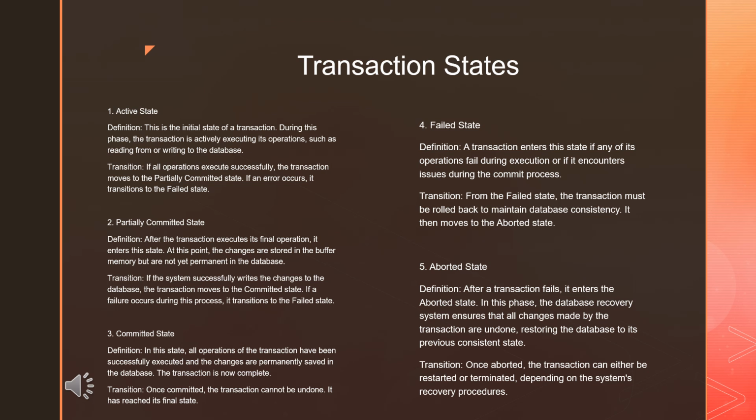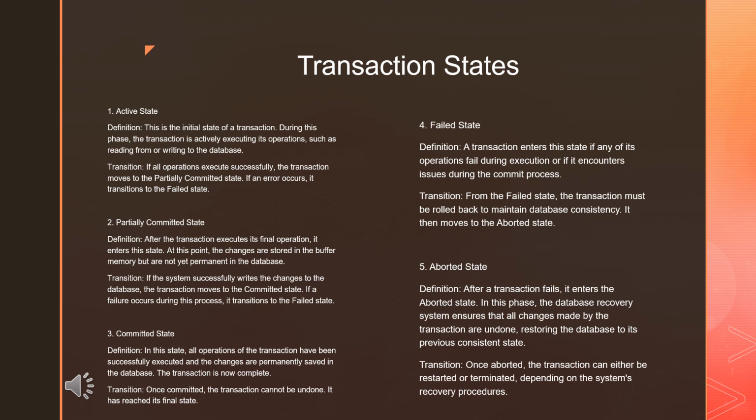Partially committed state. Definition: after the transaction executes its final operation, it enters this state. At this point, the changes are stored in the buffer memory but are not yet permanent in the database.